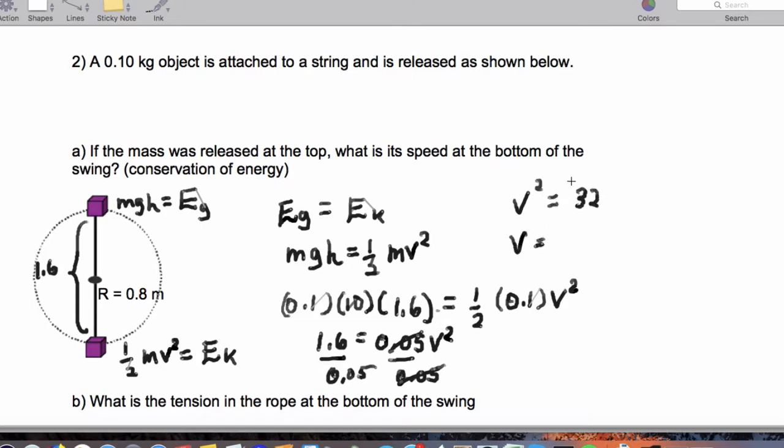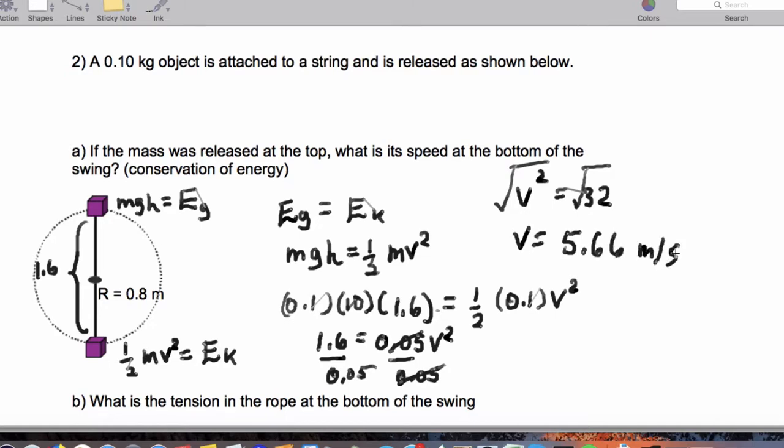So v squared is 32. We square root both sides, and v ends up being equal to 5.66 meters per second. Awesome.